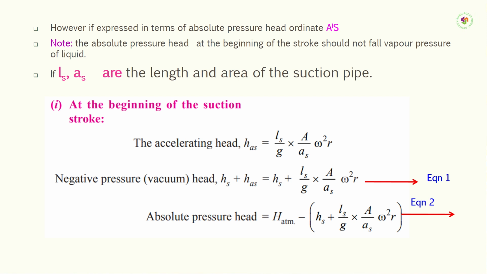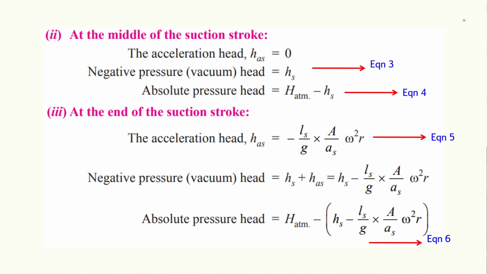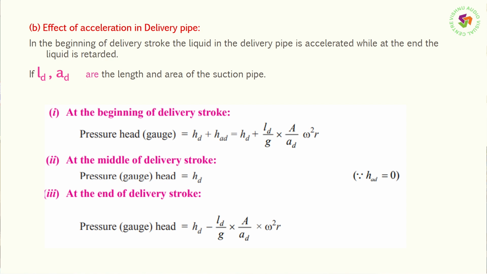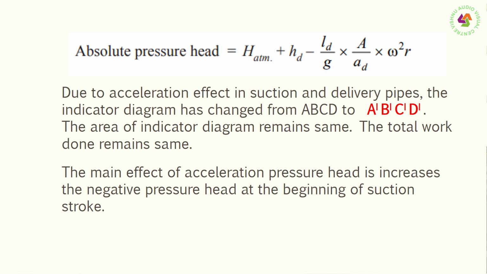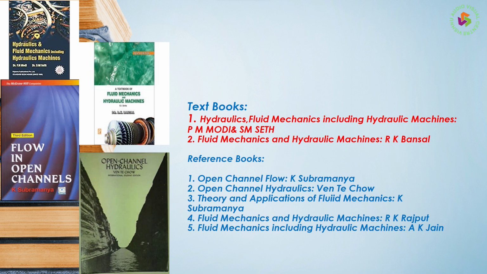That is one alarming point. Whereas at the end of the delivery stroke, the pressure also drops. That is also an alarming thing. However, there is no change in the work done because the area of the indicator diagram remains the same, whether it is horizontal or a little bit inclined. That total effect is nullified.